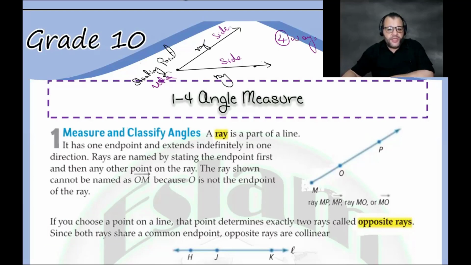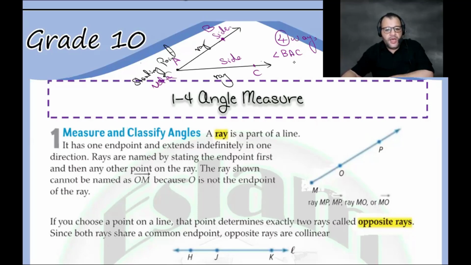So the first way: suppose that we have this ray called BA, and this ray called AC. So the name of this angle will be BAC. You have to start from one side, then go to the vertex, then go to the other side.